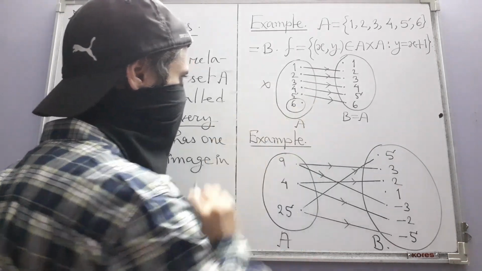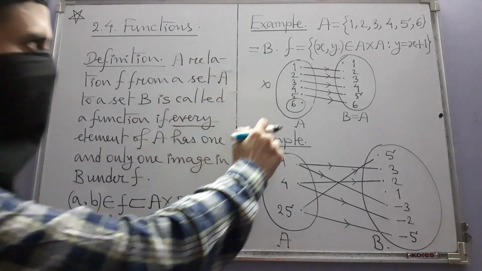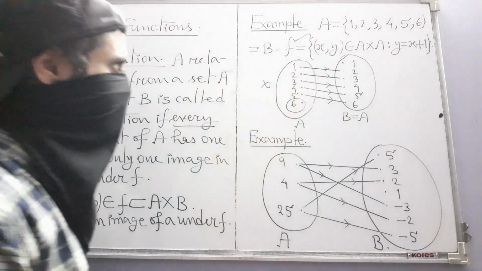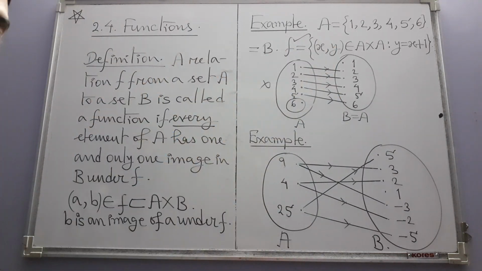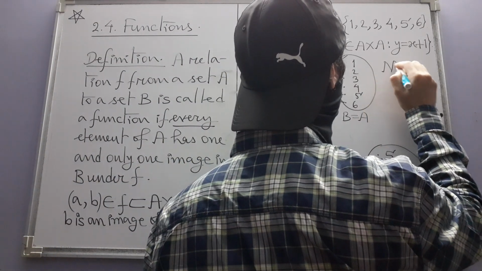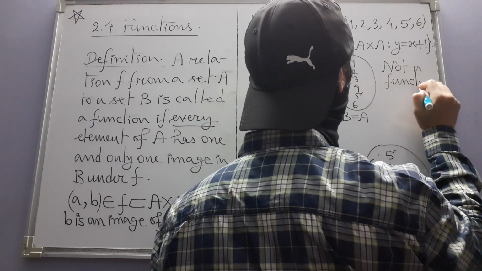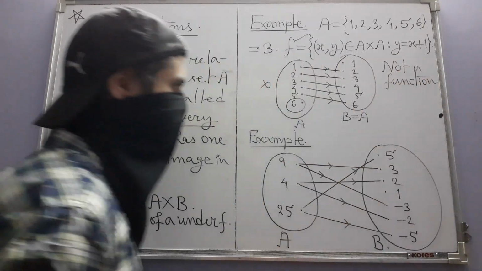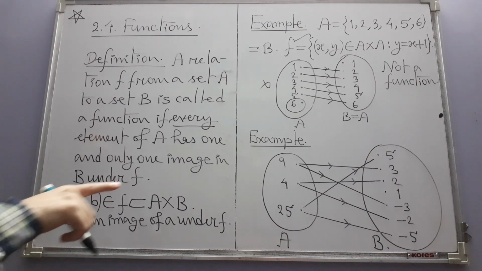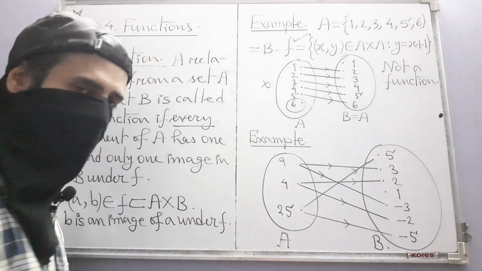This element 6 does not have any image under this relation F. So this relation is not a function. The second example also shows a relation which is also not a function.